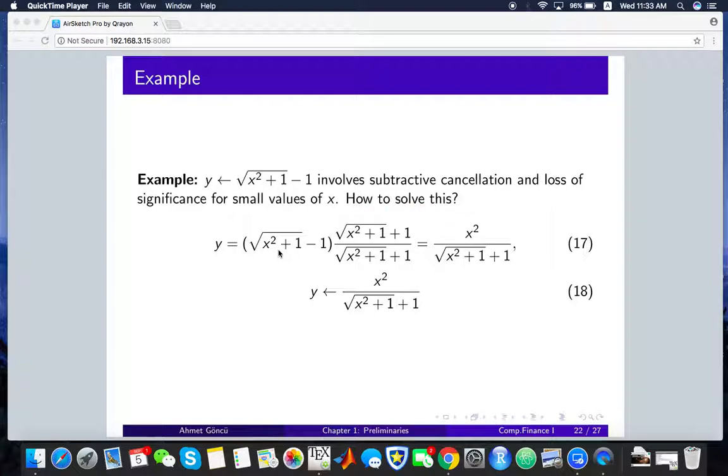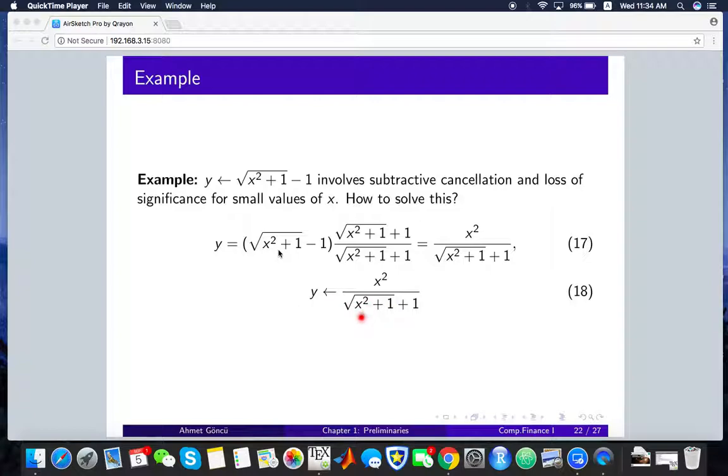So how can we evaluate this in a better way? To do this, we can multiply and divide by the conjugate term. By doing this, we get a simplification in the numerator, which is just x squared, and we divide by the square root of x squared plus 1, plus 1. So instead of evaluating the original expression, we can evaluate this equivalent expression.